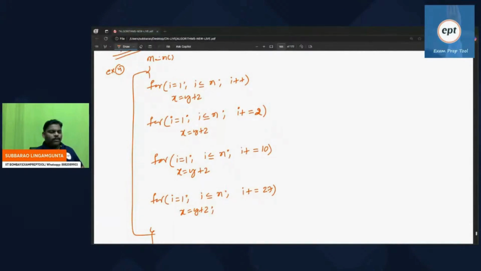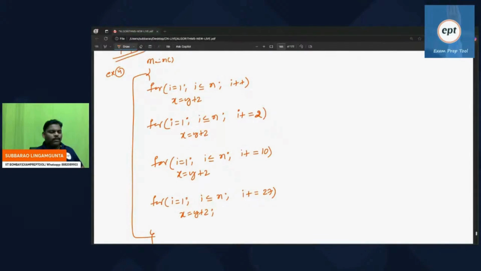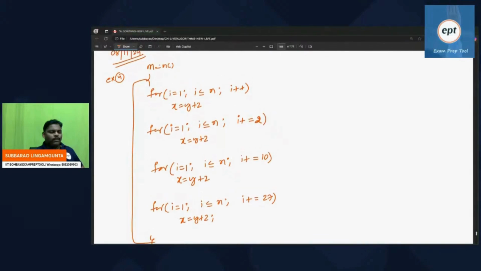Everyone try this. What is the answer of this? Everyone try.